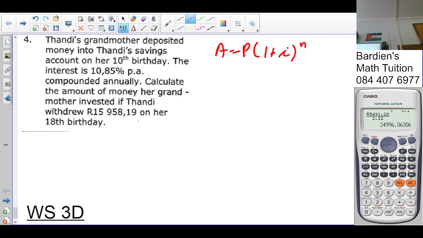Calculate the amount of money the grandmother invested if Tandi withdrew 15,958.19 on her 18th birthday. So from the 10th to the 18th birthday, that's 8 years, which means N is 8. This money that you withdraw, is that your P value or your A value?